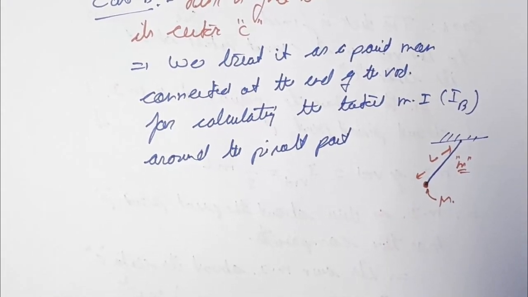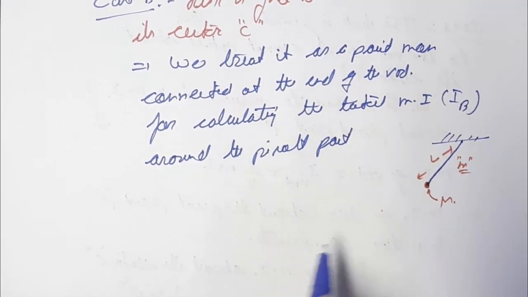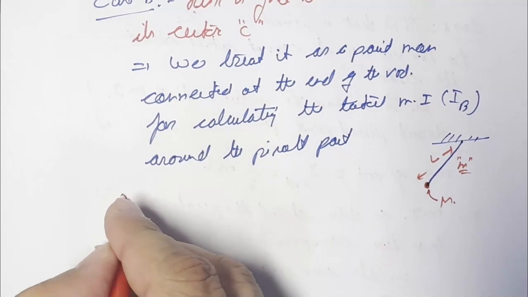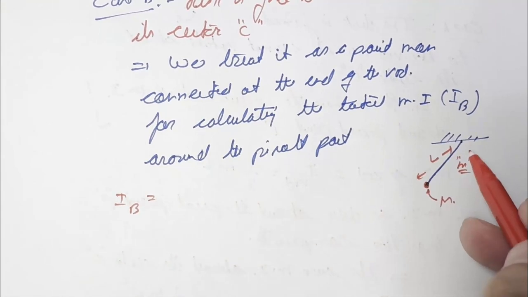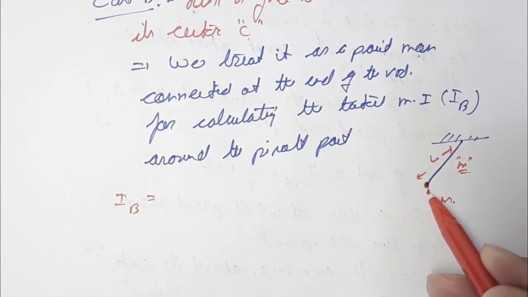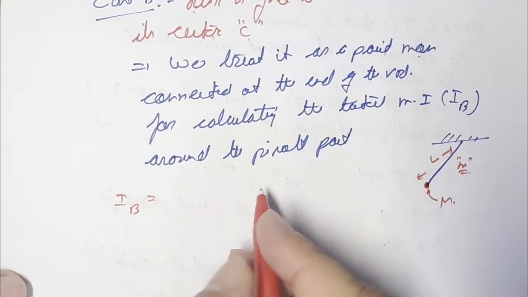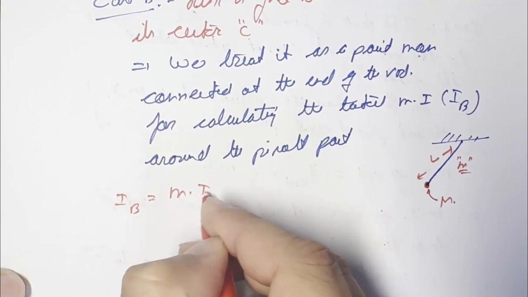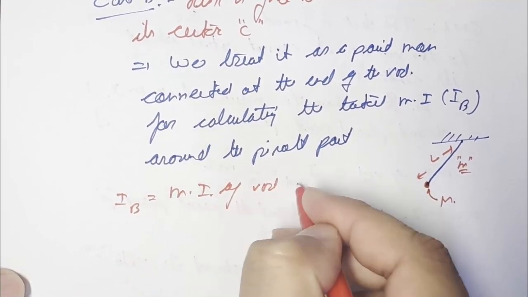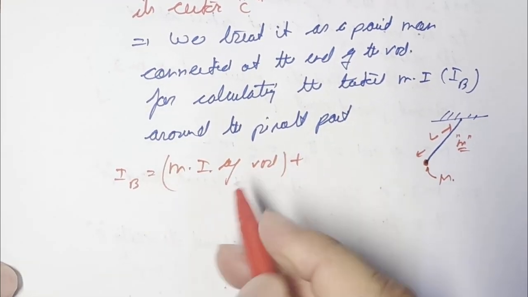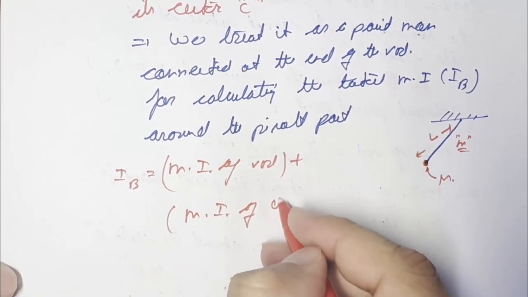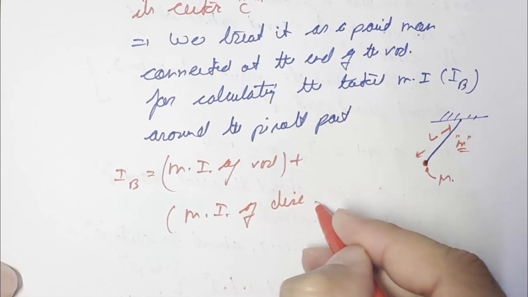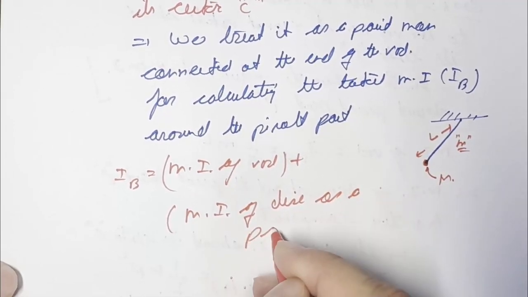So we can say that this IB, moment of inertia of the entire system, will be equal to moment of inertia of the rod plus moment of inertia of the disc as a point mass.